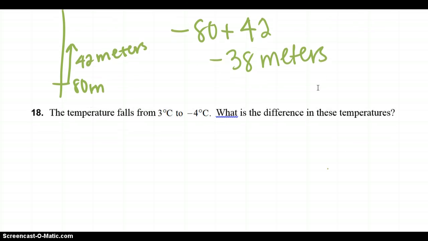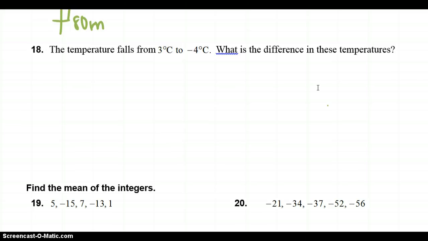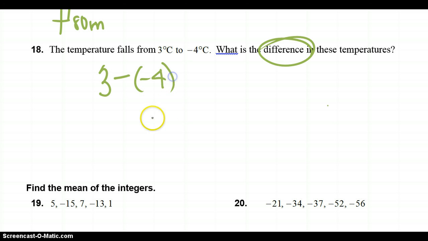Number 18, the temperature falls from 3 degrees Celsius to negative 4 degrees Celsius. What is the difference in these temperatures? My key word here is difference. You know difference means subtraction. So if I have 3 minus a negative 4, that's the same thing as 3 plus 4, which is a 7 degree Celsius difference.